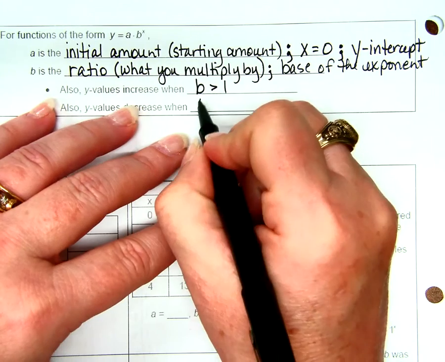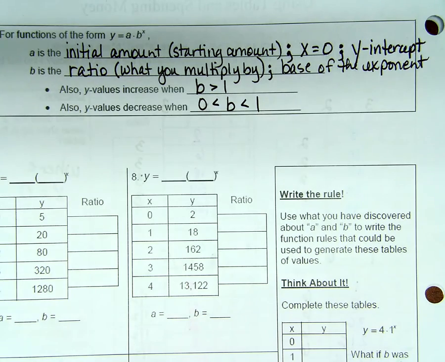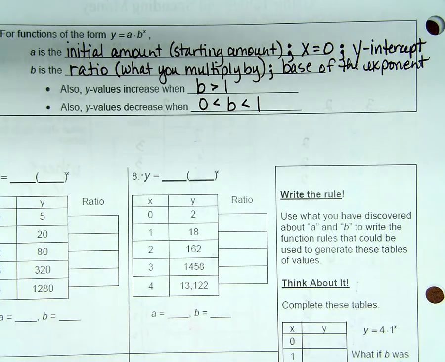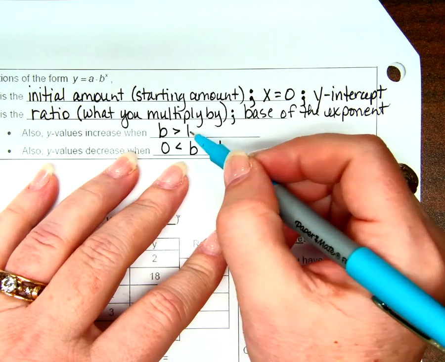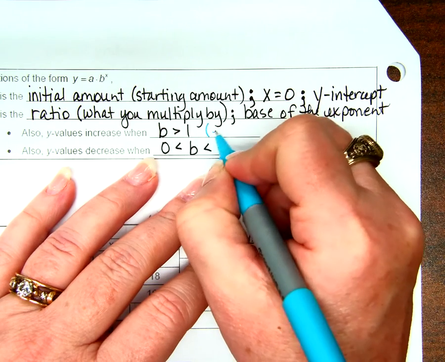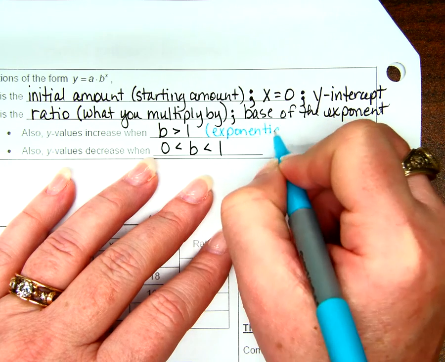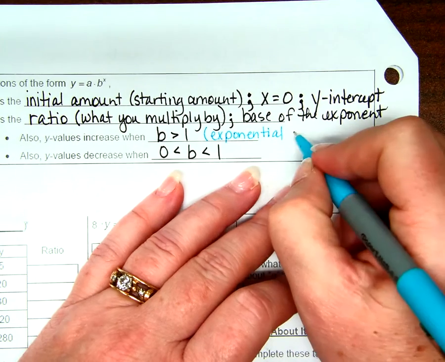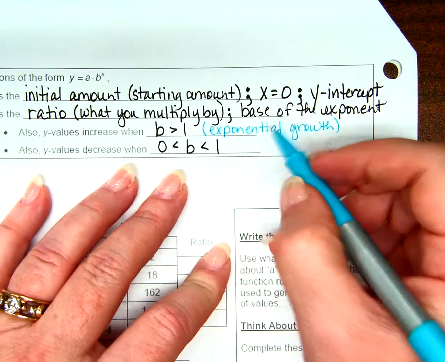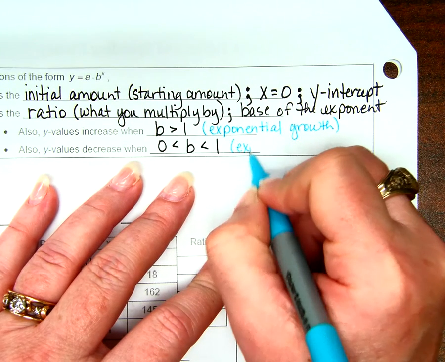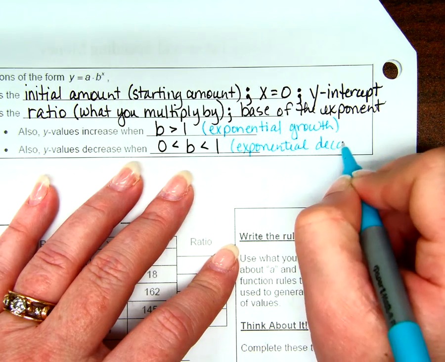That seems familiar. Does it seem familiar to you? Why does it seem familiar? What's it called when b is greater than 1? And what's it called when b is between 0 and 1? Good.